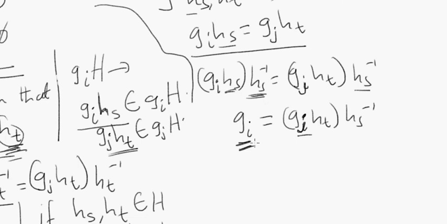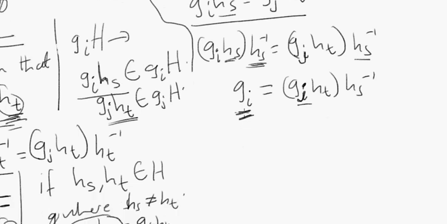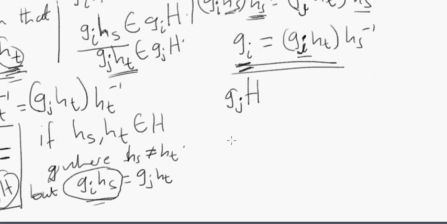But what does this really mean? If GI equals GJHT times HS inverse, well, we're looking at the cosets, right? One of the cosets we're looking at was GJH. Another coset we're looking at was GIH. But if GI equals this stuff, we can replace GIH by just whatever it equals to.